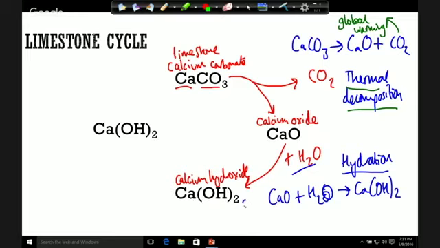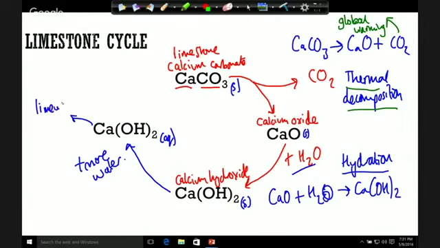Then what happens at this stage is this is a solid. But if we add a little bit more water, we can then make aqueous calcium hydroxide. You can see it's exactly the same, but it just means if we add more water, we can then dissolve that in the water. And this you would have used in the lab before. This is actually called lime water.